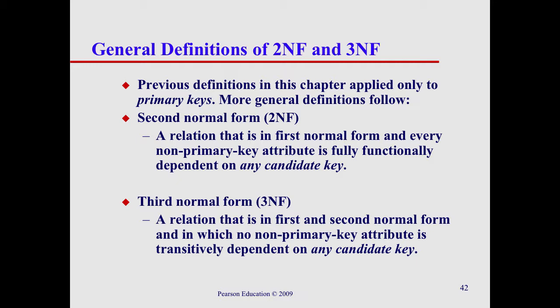The same thing holds for third normal form. It's really second normal form that differs. When we say general second normal form, we're talking about eliminating any partial dependency on any candidate key. When we talk about primary key second normal form, we're only eliminating partial dependencies on the primary key.